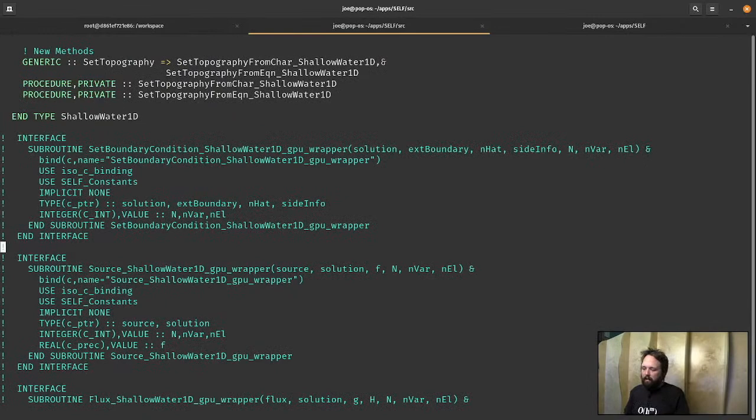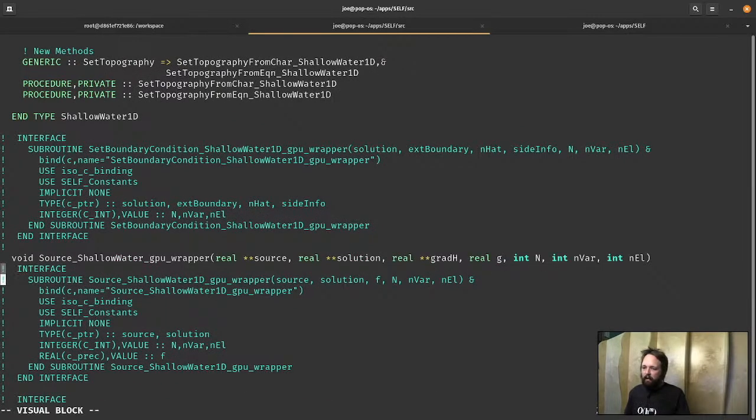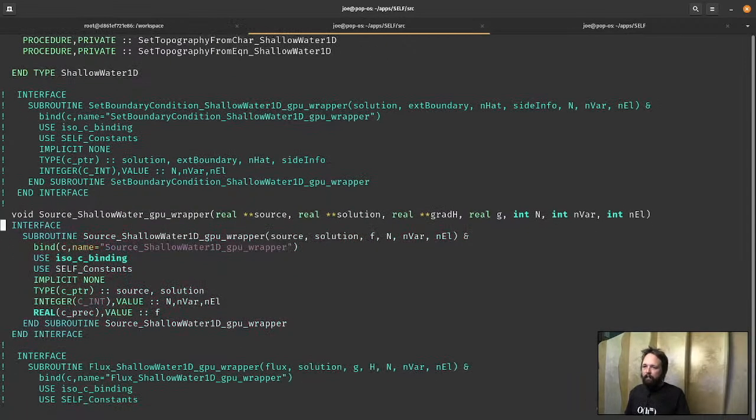So I'm going to go ahead and paste this here just so we have that for reference. We open up an interface block, we define a subroutine that has the same API. So I've got source, solution, grad h, and g, n var, and l. Here I've got source, solution, I need to add grad h, and I'll change that F to a G.